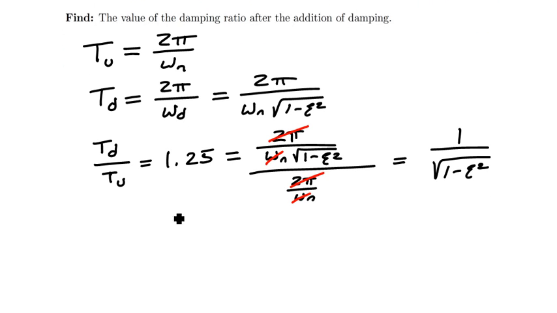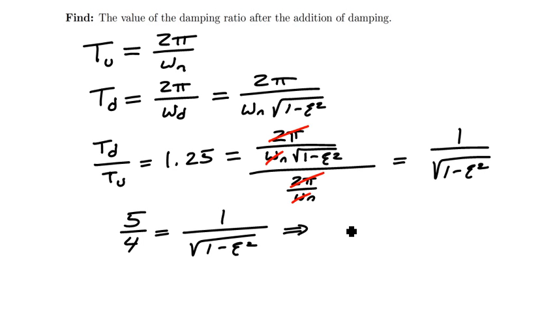Well, it means that 1.25, which we can write essentially as 5/4, is going to equal 1 divided by the square root of 1 minus zeta squared. I can square both sides of this equation, and that's going to give me that 25/16 is equal to 1 over 1 minus zeta squared.